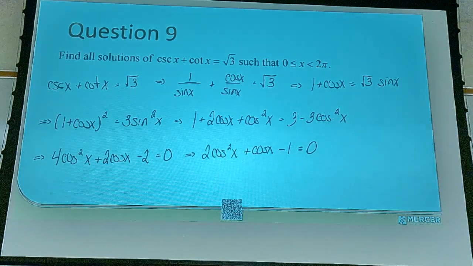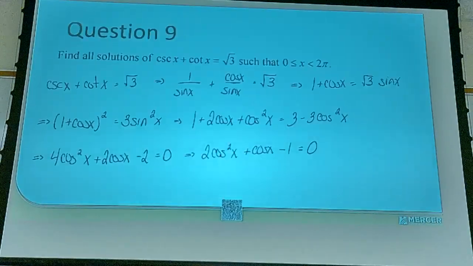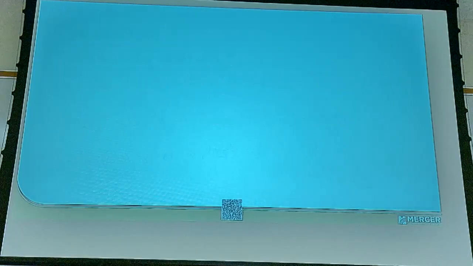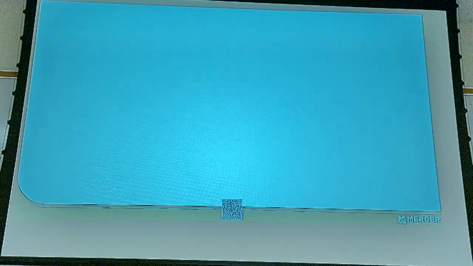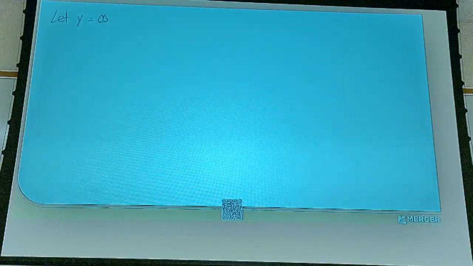So this is where we're at right now. Let's use a change of variable. Let y be cosine of x. What we have now?